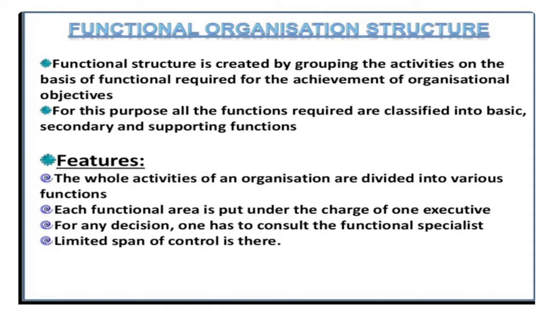The production department is one function like that. For this purpose, all the functions required are classified into basic, secondary, and supporting functions. The stores department is a supporting function to the production department. The labeling and packing department is a supportive function for the main production department.